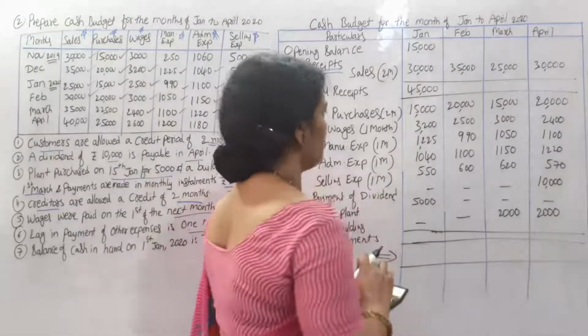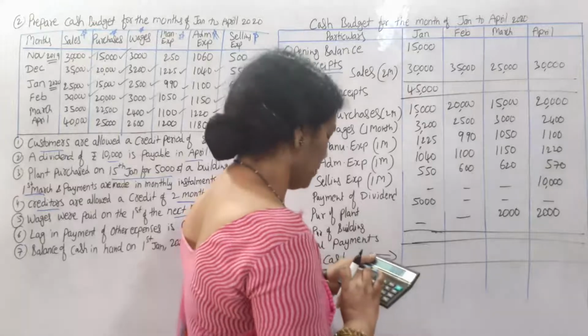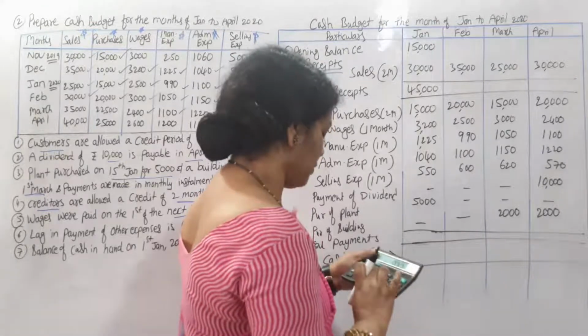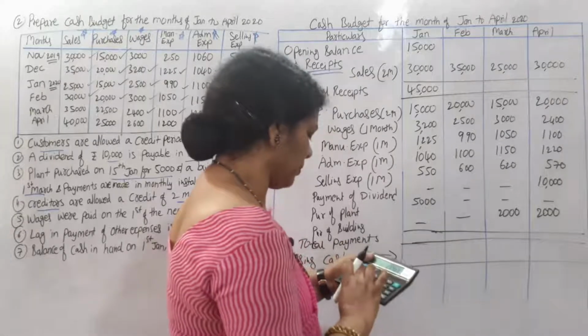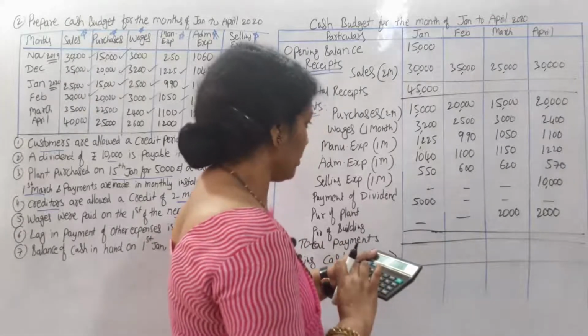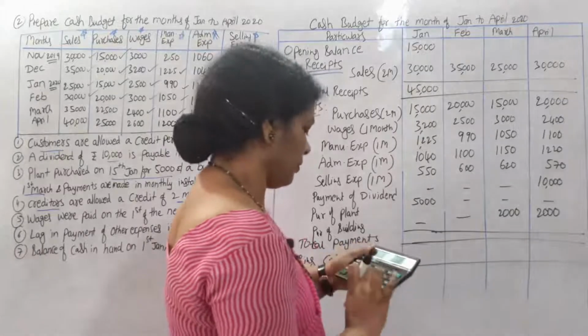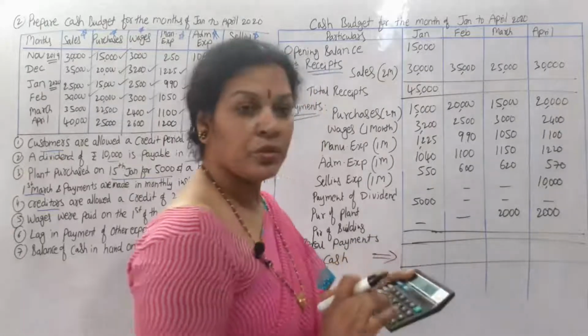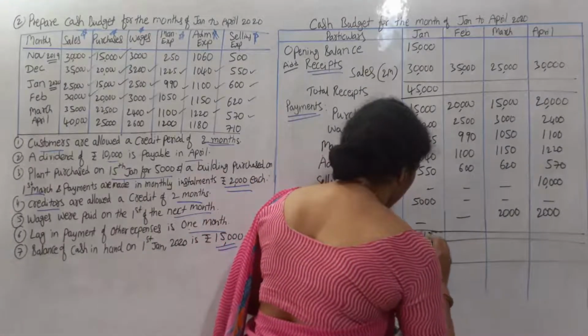15,000 plus 3,200, 18,200. 18,200 plus 1225 plus 1,040 plus 550 means 5,550. It's 26,015 rupees.